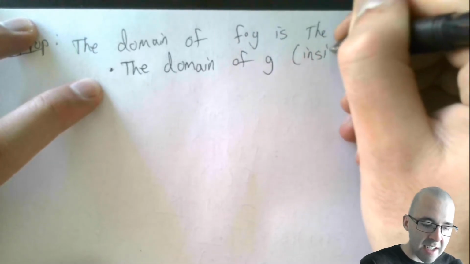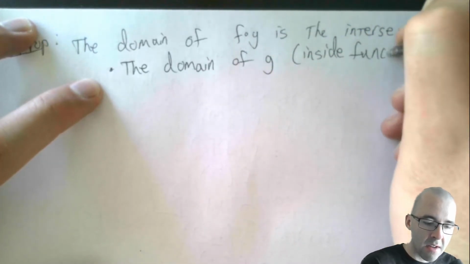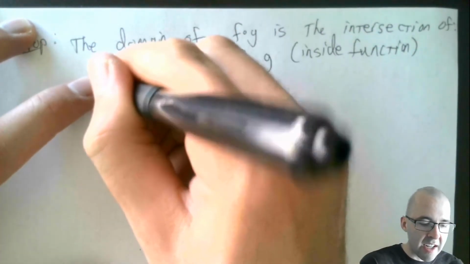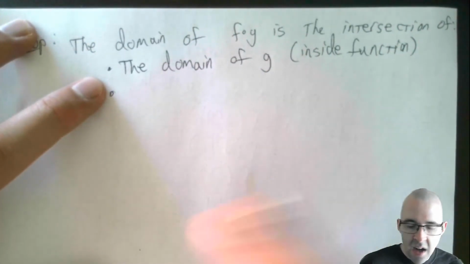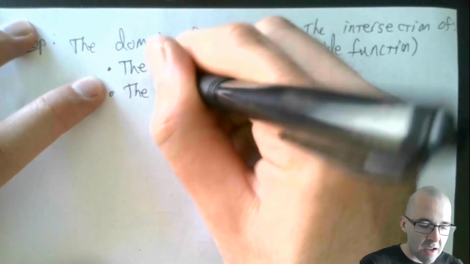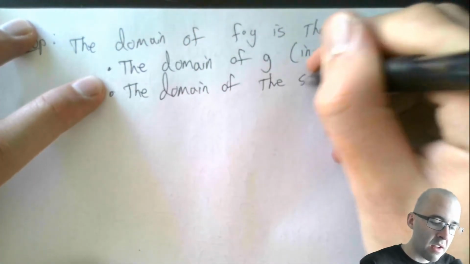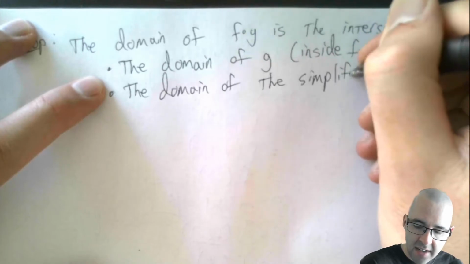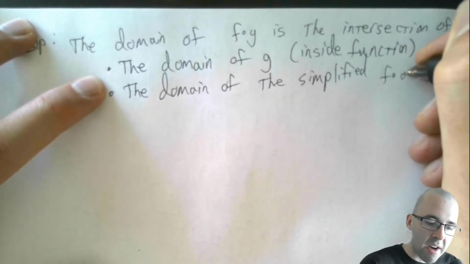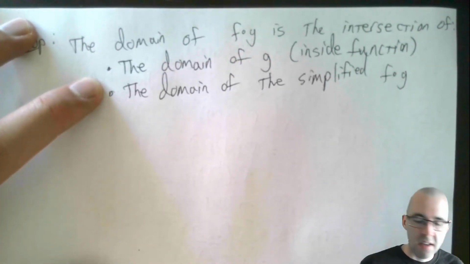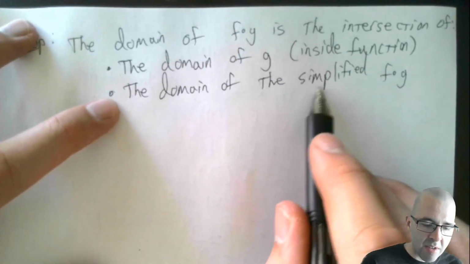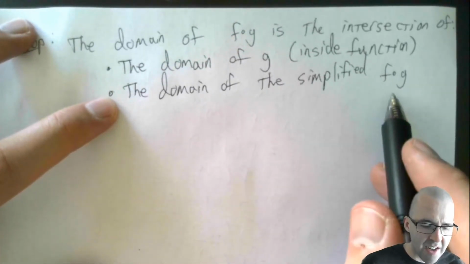Specifically, g right here is the inside function. And we need to intersect that with the domain of the simplified f of g. So that's kind of a weird, confusing thing to say, the domain of the simplified f of g.